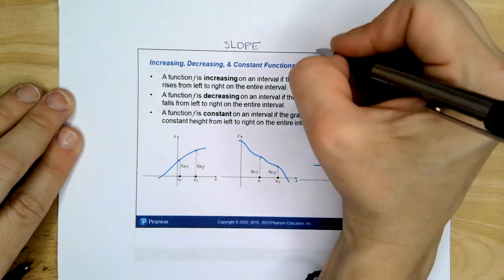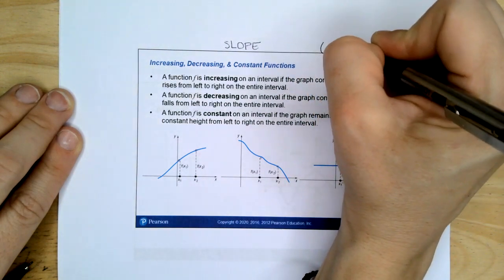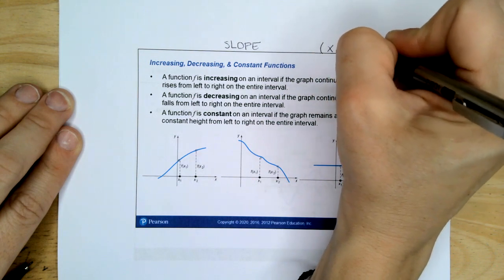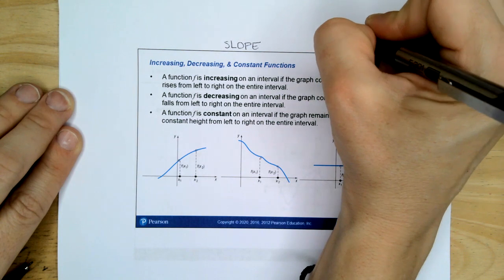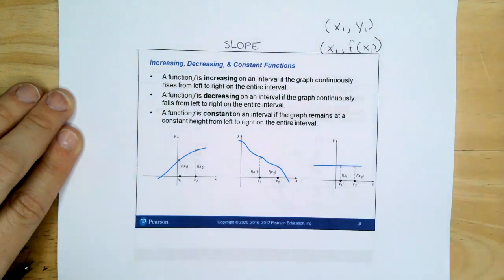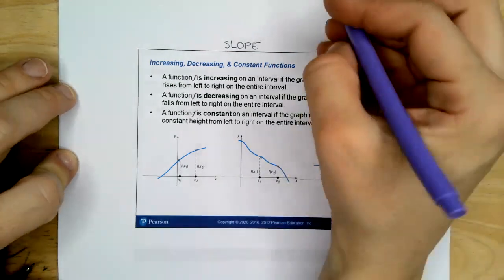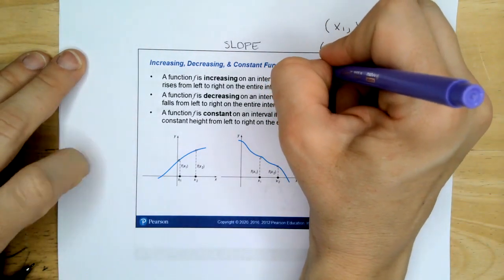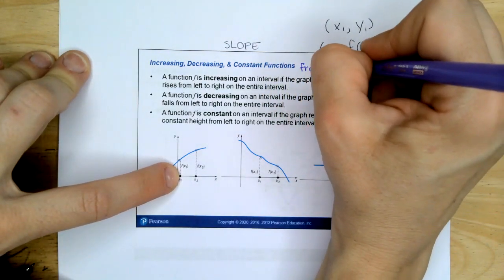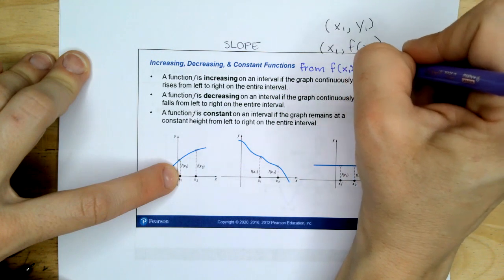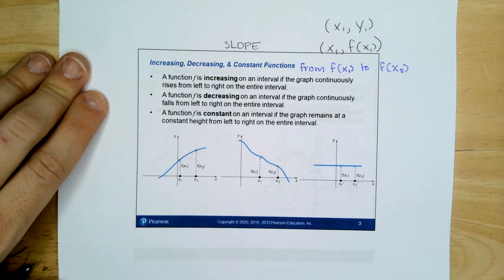So when you're graphing those, the coordinate point is just x, f of x, instead of x, y. Okay, so you're increasing, decreasing, and constant from f of x sub 1 to f of x sub 2, from here to here.